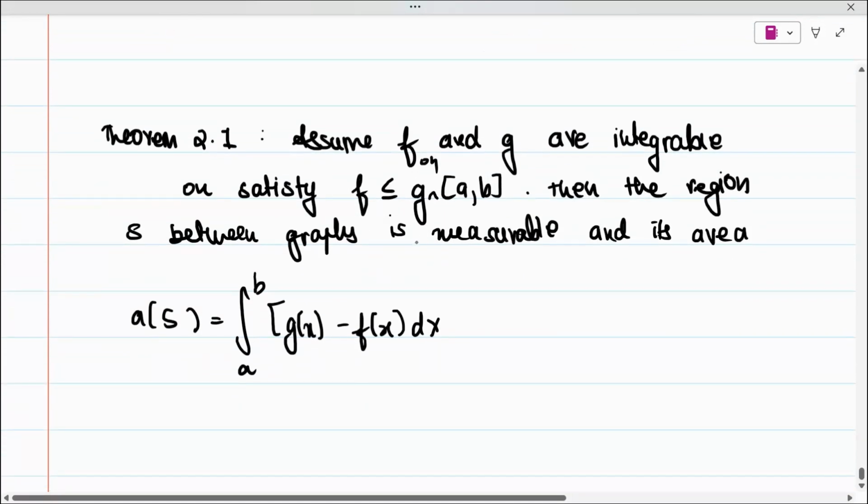So there are f and g. They are integrable on [a, b], and f is less than g. The region between the graphs is measurable. This is what we know from the concept.